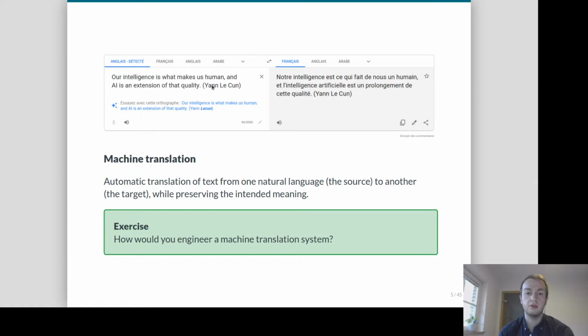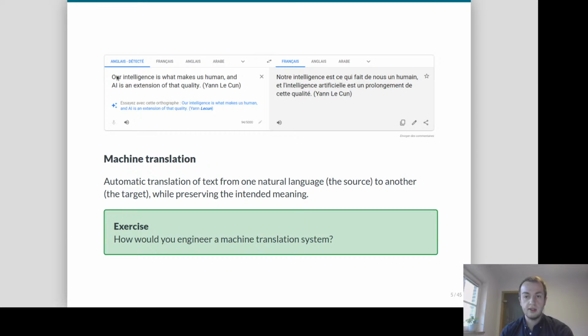And then you'd use this dictionary for the translation, where you try to match each one of the words or each one of the phrases in the source sentence into the target sentence, right? So you would say, for example, that our is mapped to notre in French, and so you would just replace our with notre, intelligence with intelligence, is with a, and so on and so on.